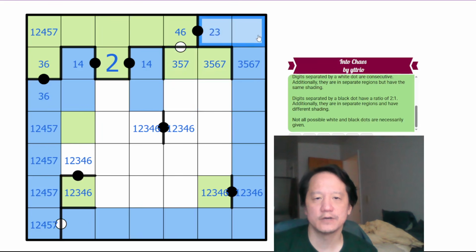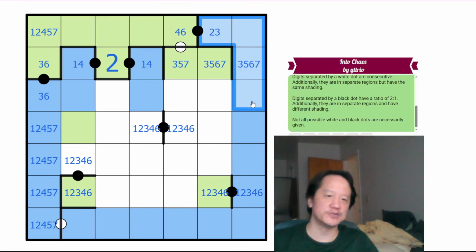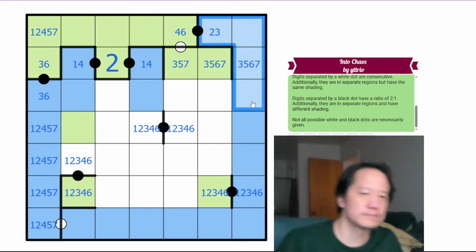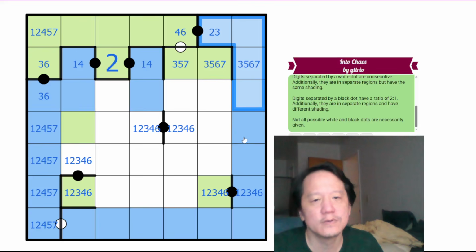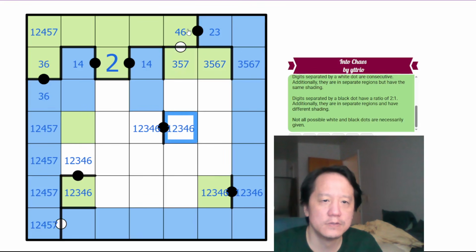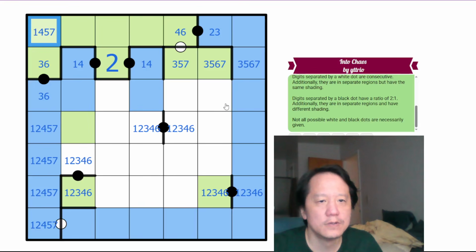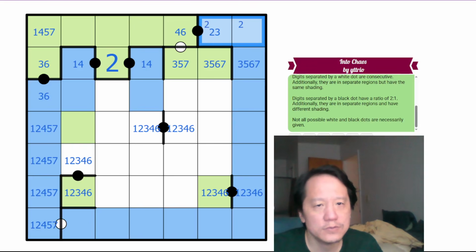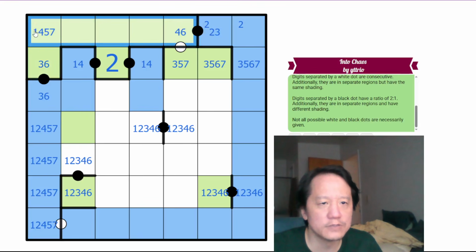What else do we have? So we have those 4 are part of the same region. We have to have 7 here. So 2 cannot be here. We know one of these is guaranteed to be a 2. And this digit must be one of these digits here because we don't have it available in this box here.